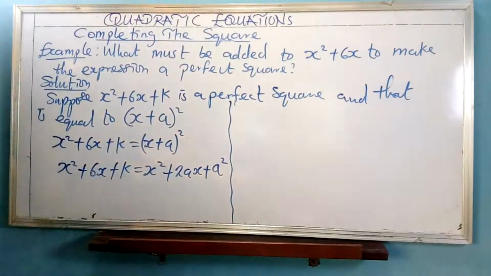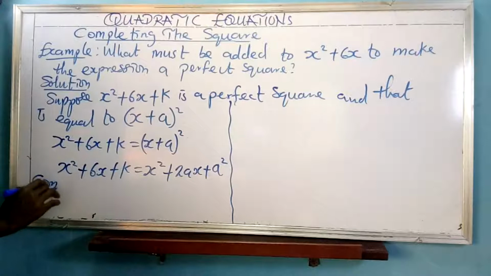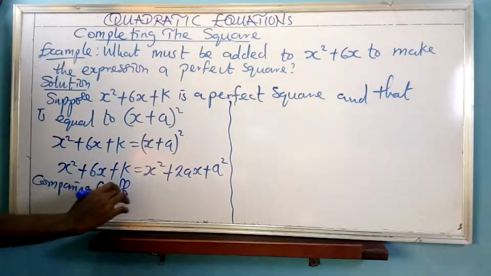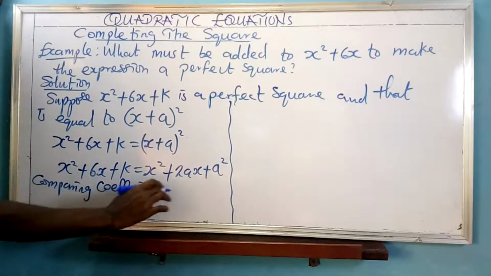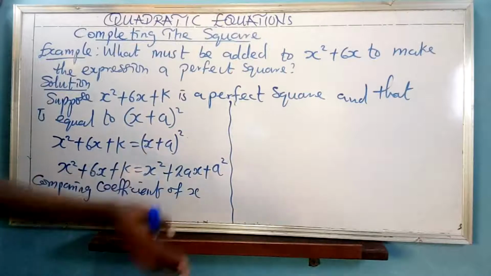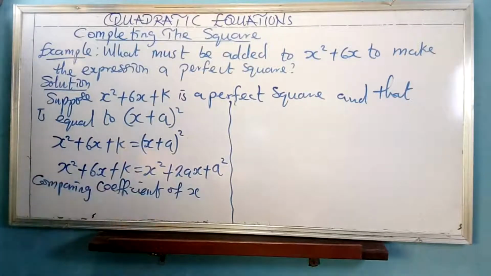Now, by comparing the coefficients, let's compare the coefficient of x first. Where is the coefficient of x that I want to compare? We have x squared here, that one has gone. The coefficient of this one and this one is what we're looking into now.